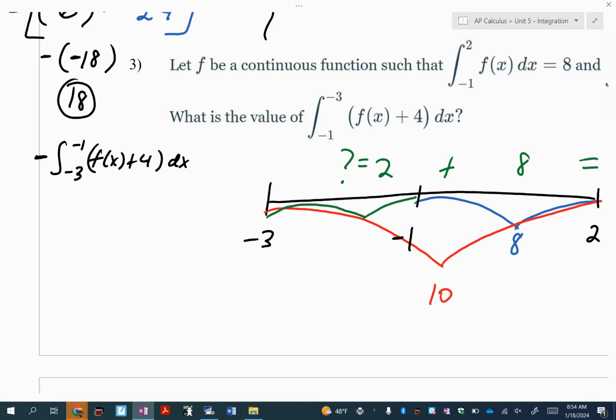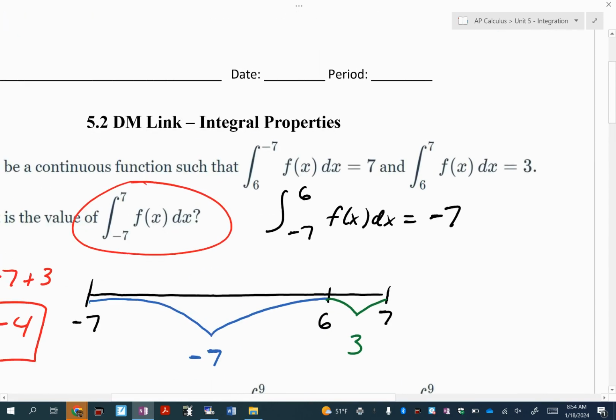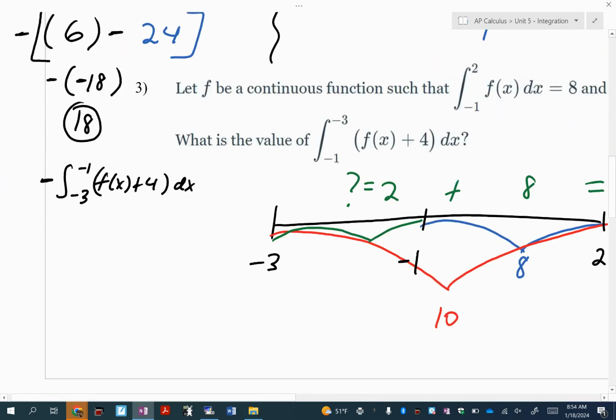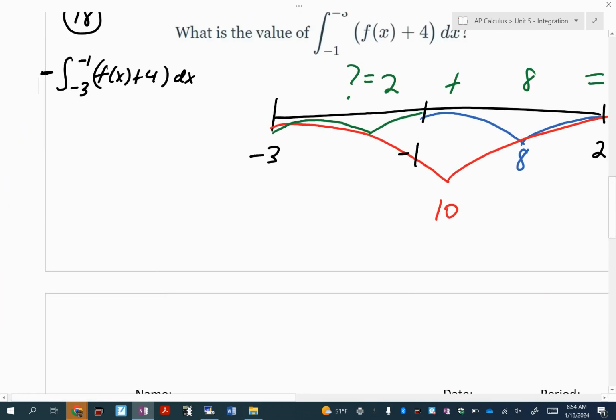Every time you switch the limits of integration, you have to do the opposite of the value. I didn't put it in front because they gave me a value, so I just made the value the opposite. You're welcome.